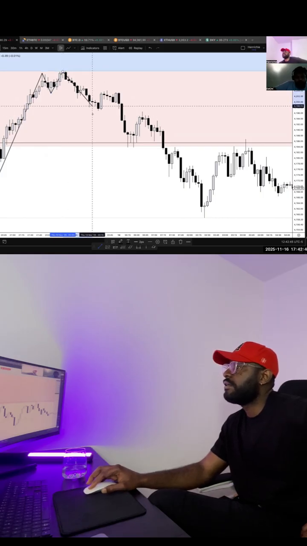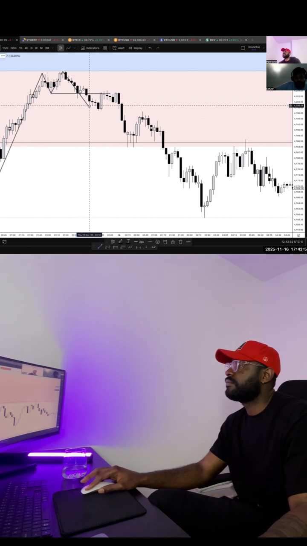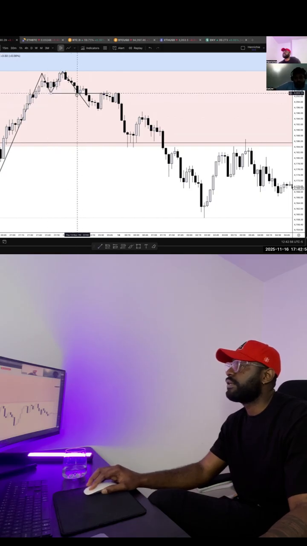And right here, we went to the downside, and this is the low. Now you can see that this candle did not close below this low, so it isn't a break of structure until when price came down here. When price came down here, that was the break of structure. You use this low as your entry.